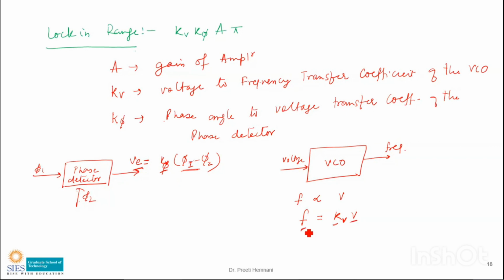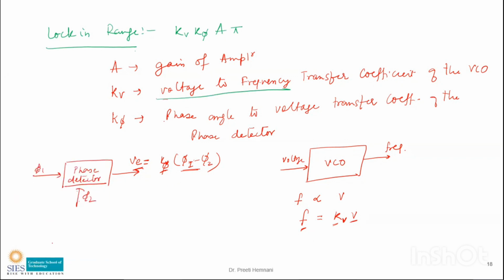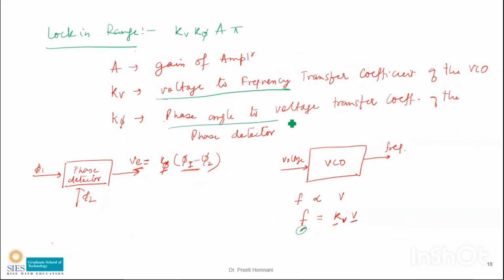The name KV is the voltage to frequency transfer coefficient of the VCO, and K phi is the phase angle to voltage transfer. I've shown K phi for the phase detector, and KV for the VCO. So the formula of lock-in range is KV into K phi into A into pi.